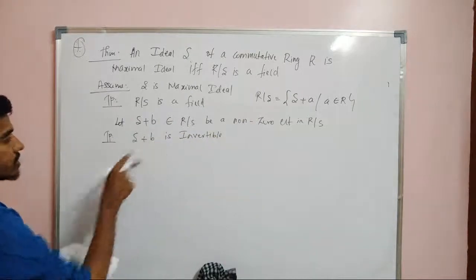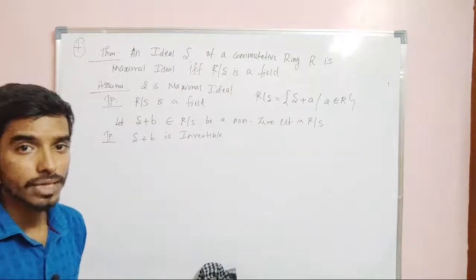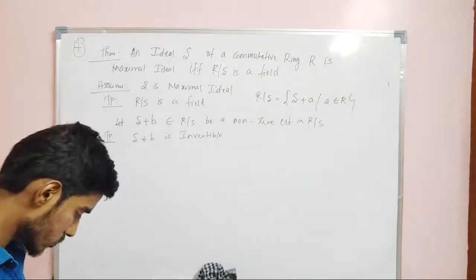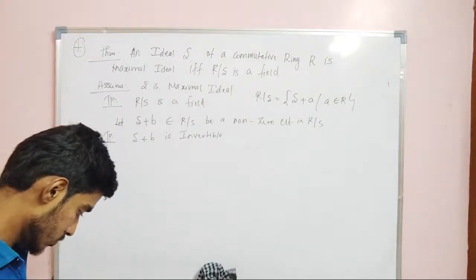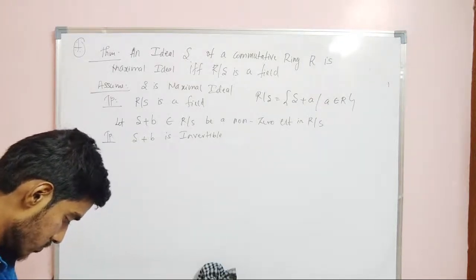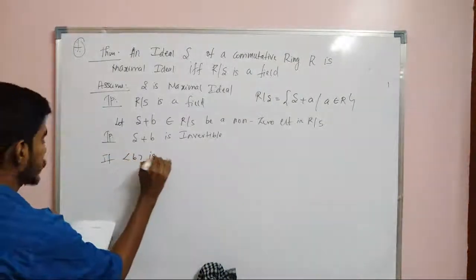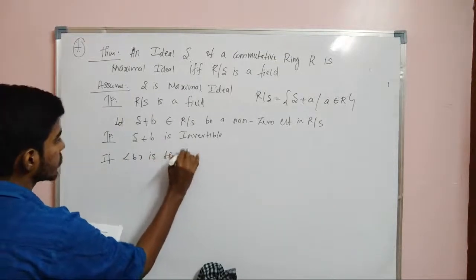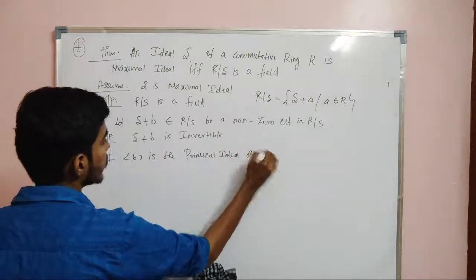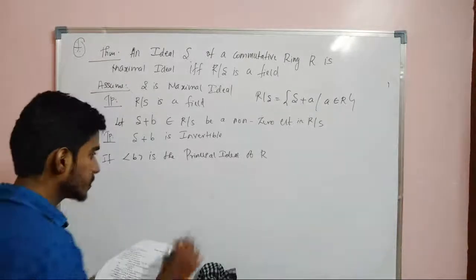That is, we need to prove that there exists a multiplicative inverse for S plus B. Now, if B is the principal ideal of R, principal ideal means that the ideal can be generated by a single element. Suppose B is the principal ideal of R generated by B.